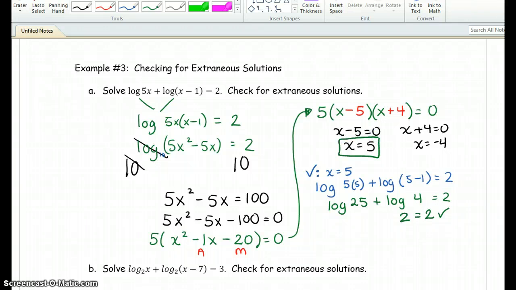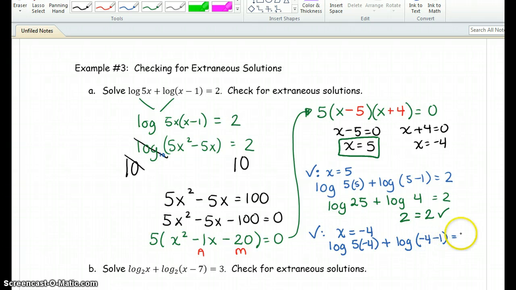Now, we do have to also check x equals negative 4. So we have log of 5 times negative 4 plus log of negative 4 minus 1 equals 2. So we have log of negative 20 plus log of negative 5 equals 2.